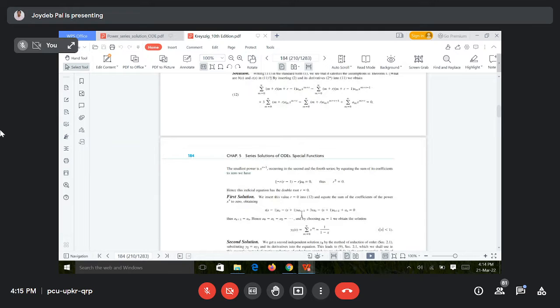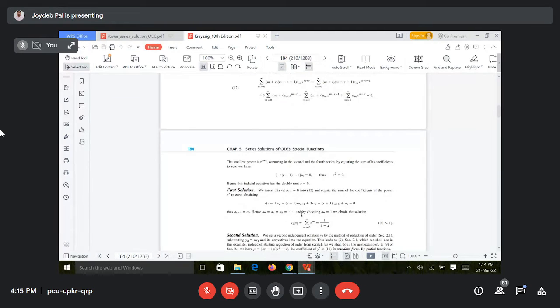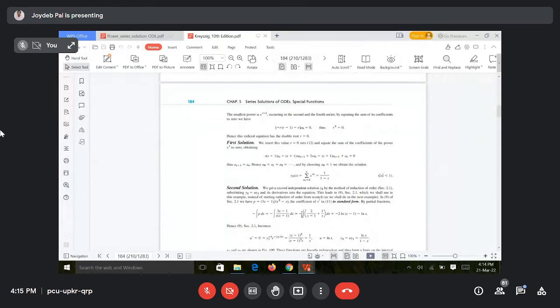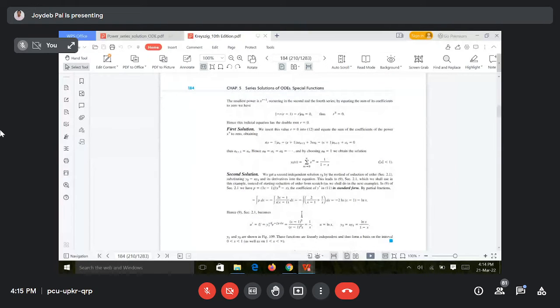Whenever roots are equal, to find the second independent solution, you have to consider the reduction of order formula. We get a second independent solution y2 by the method of reduction of order, which you have studied in section 2.2 in the first semester.